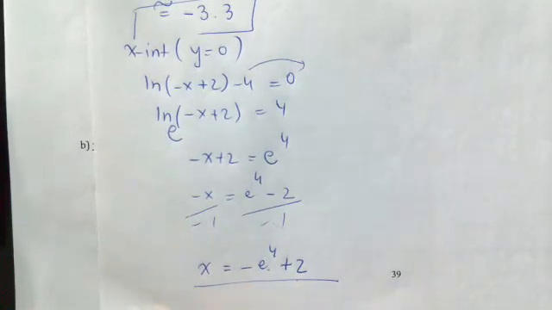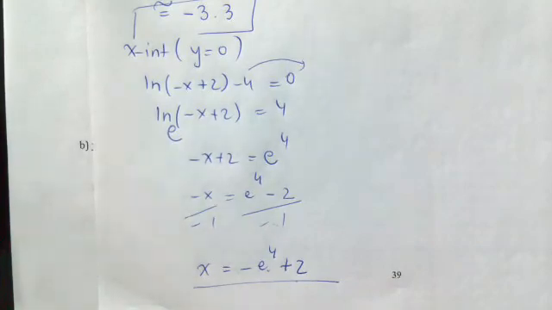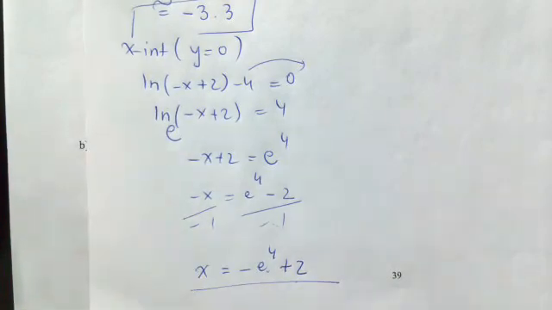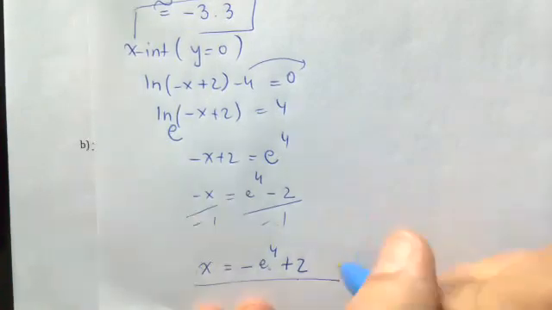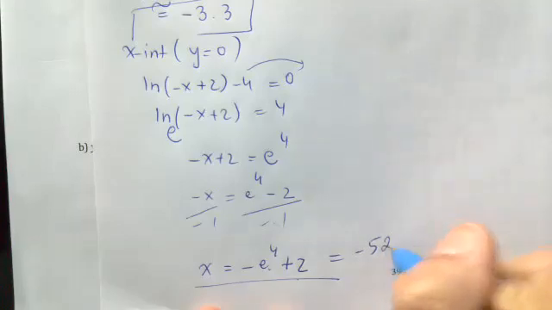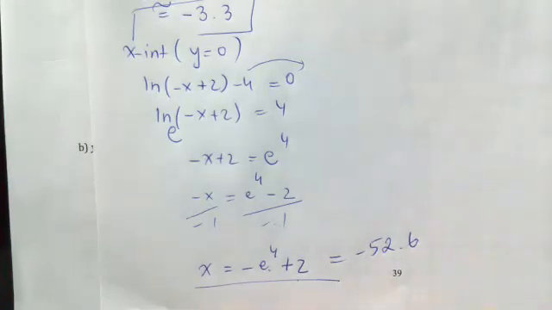Put a negative as a negative number, that's minus. And then e to the 4 plus 2. Negative 52.6. Agreed?